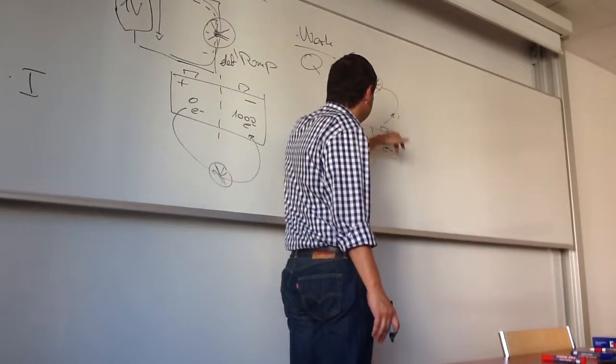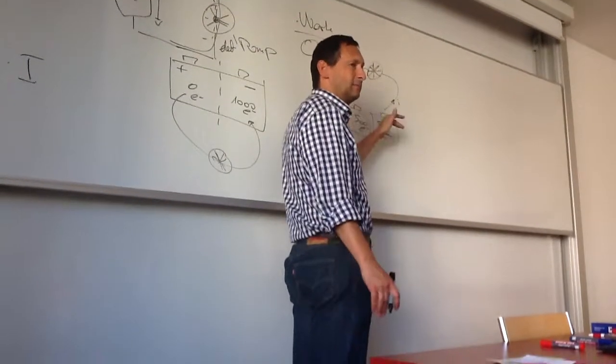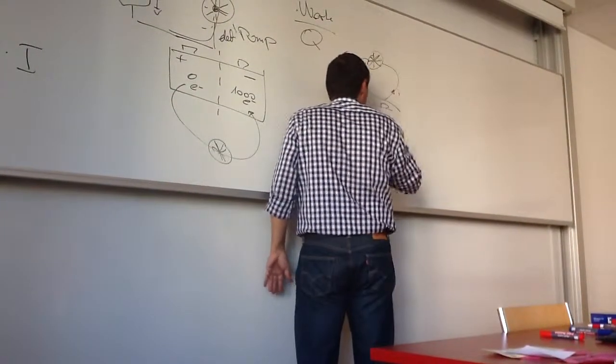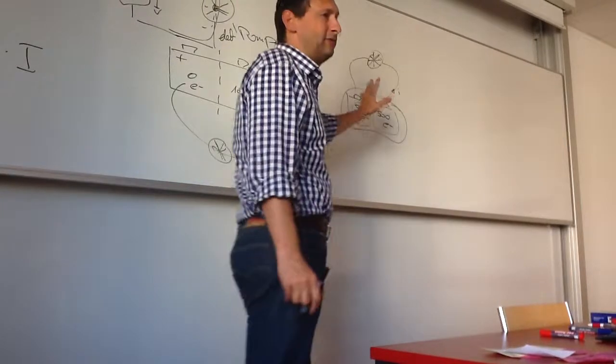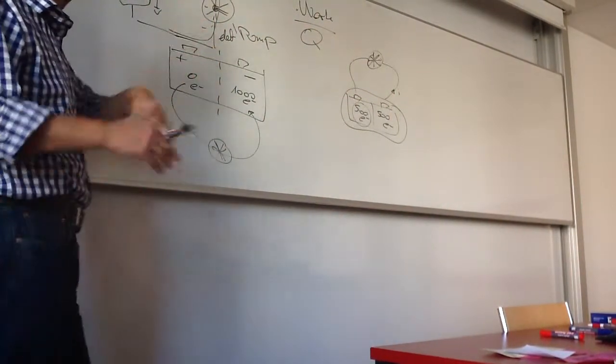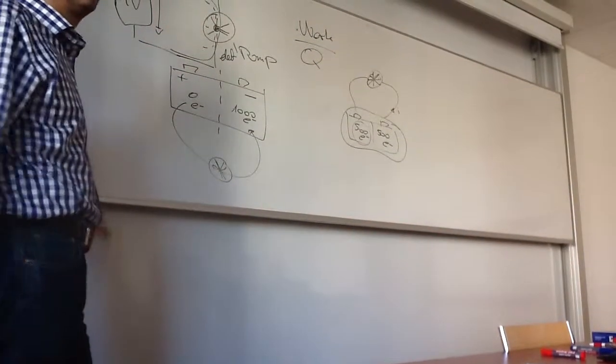And this load means that the electron difference is flattened out. So that's it. But nevertheless, within the battery, you will always have 1000 electrons. So the electrons are not disappearing from the battery, it's just flattening out to both sides.